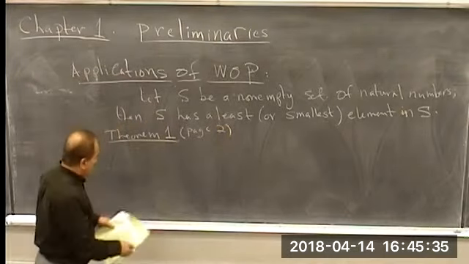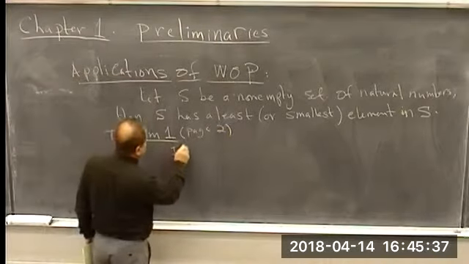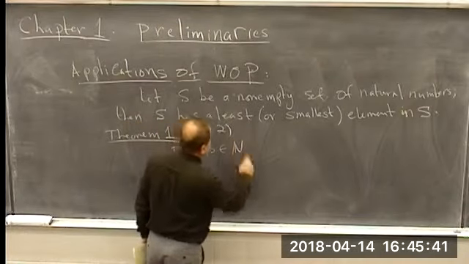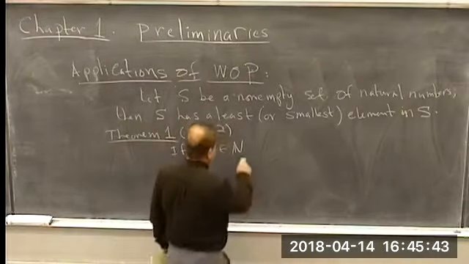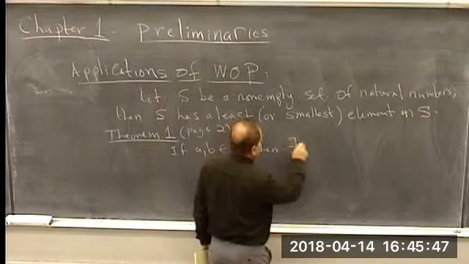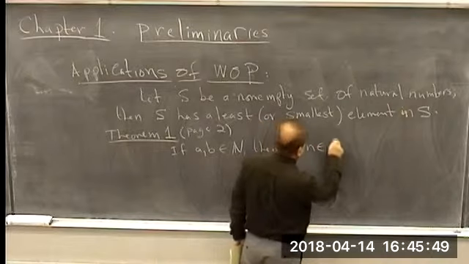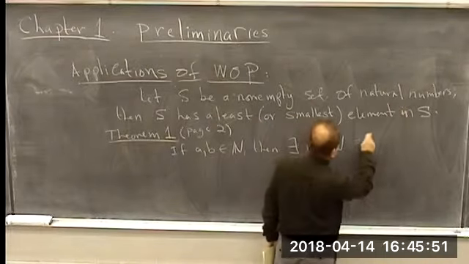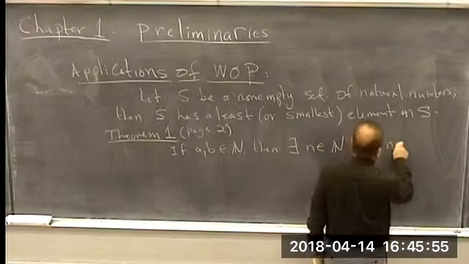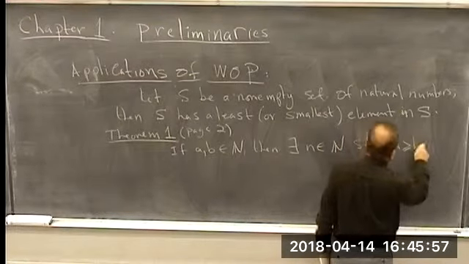It states the following: if A, B are natural numbers, then there exists a natural number n such that nA is bigger than or equal to B.